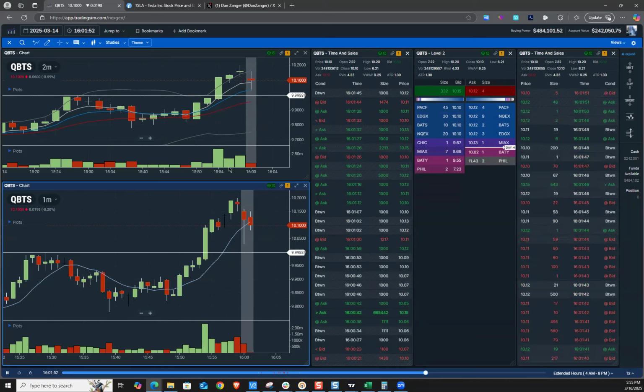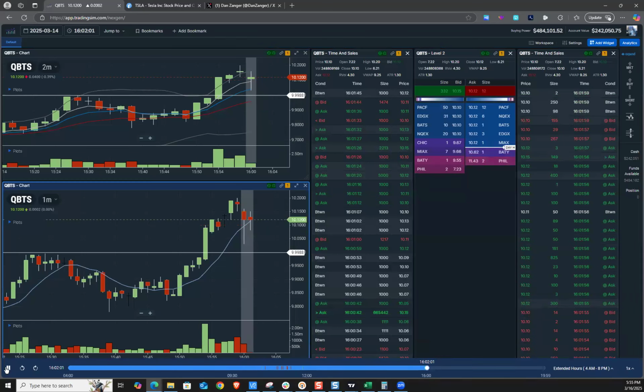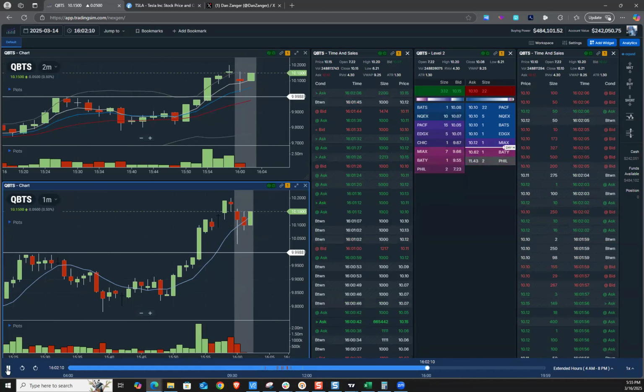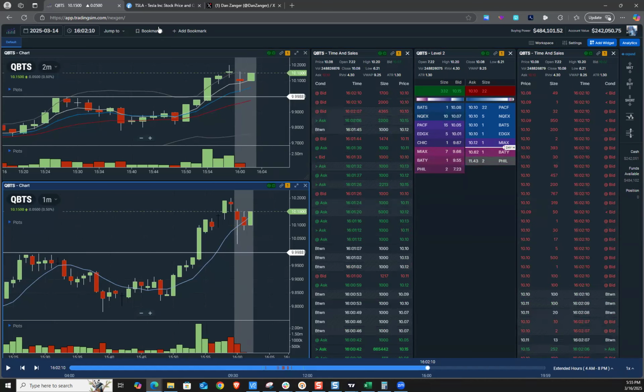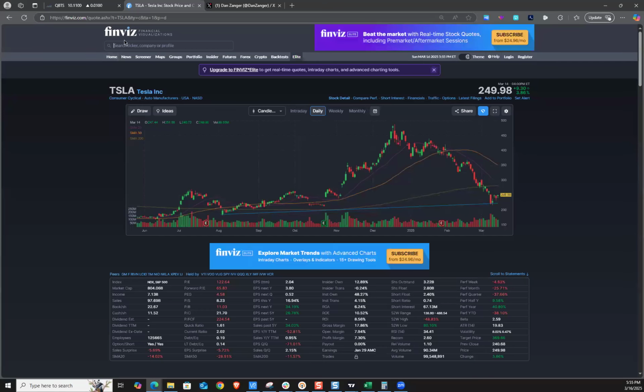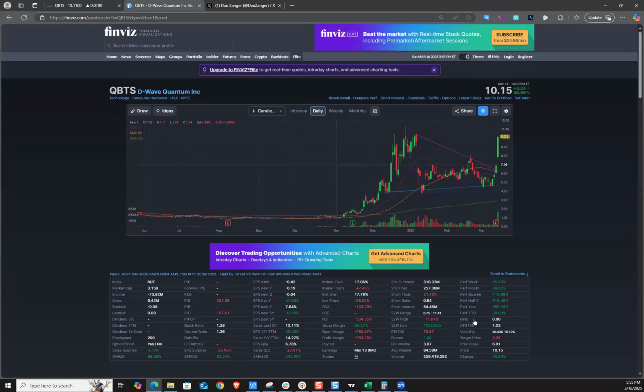Well, that and the other thing is with these, you're tracking float, and float is huge. Anything with a 50 to 100 million float, you look at this, it's like 10% away from VWAP. And with a 50 to 100 million float, 25% is right about what these things usually do in a day.